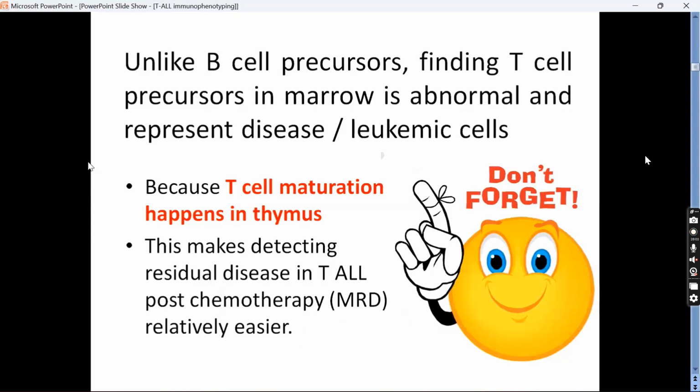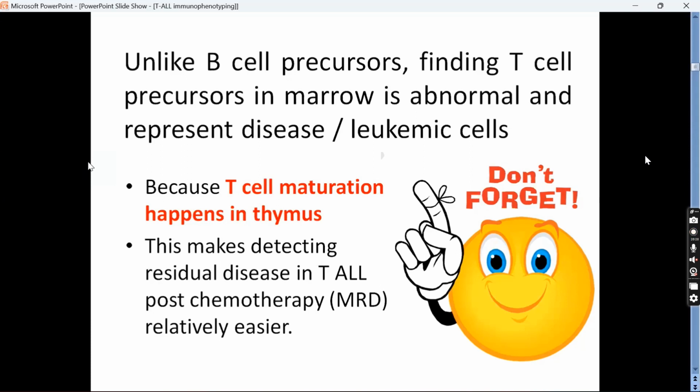Now, this is what I said to you. Unlike B cell precursors, finding T cell precursors in marrow is abnormal. So when you do phenotyping or flow in the marrow and you are finding immature T cells, that is definitely disease. In B, if you are doing phenotyping in the marrow and you are finding immature B cells, it could be normal hematogones.